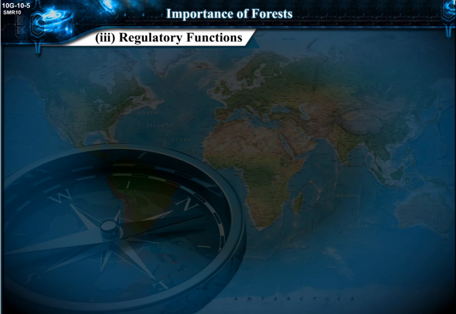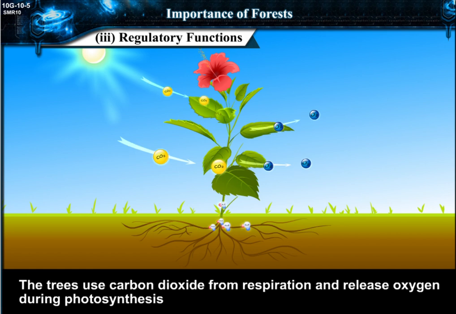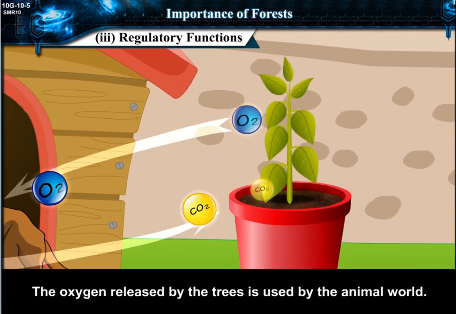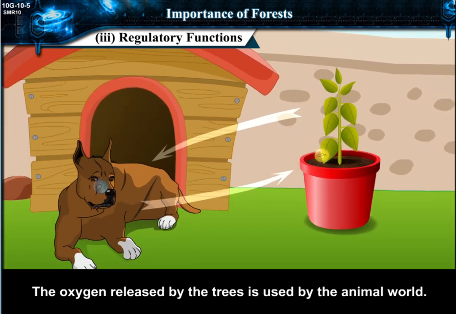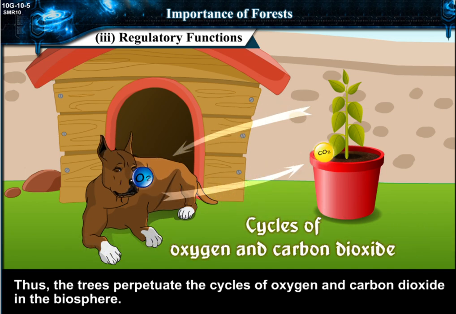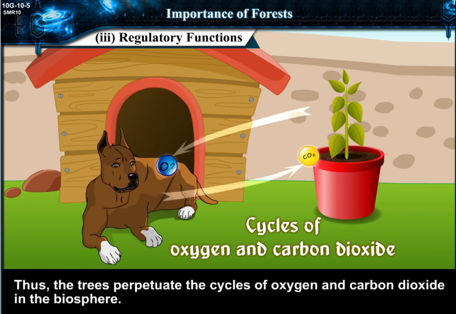Third, regulatory functions. The trees use carbon dioxide from respiration and release oxygen during photosynthesis. The oxygen released by the trees is used by the animal world. Thus, the trees perpetuate the cycles of oxygen and carbon dioxide in the biosphere.